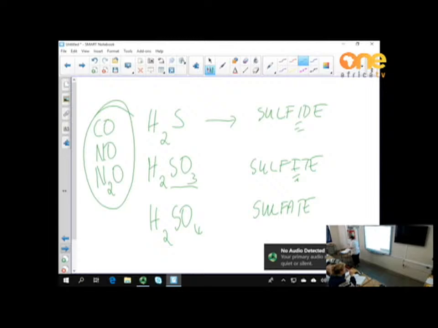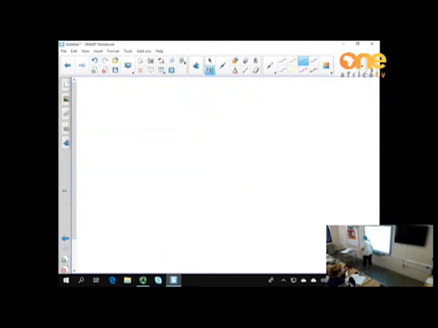There is a block at the bottom of page 80, higher studies. They say these are symbol equations for the reactions between chlorides and sodium hydroxide. What is an acid? What's the new definition? Proton donor. What is a base? A proton acceptor. If I have water and the water does that, can you see?